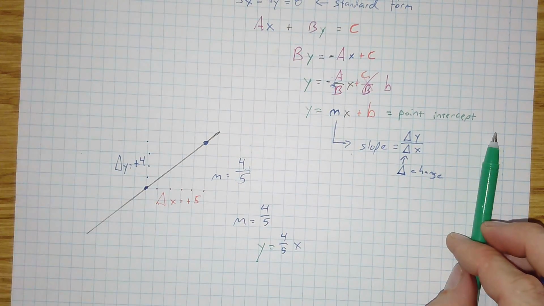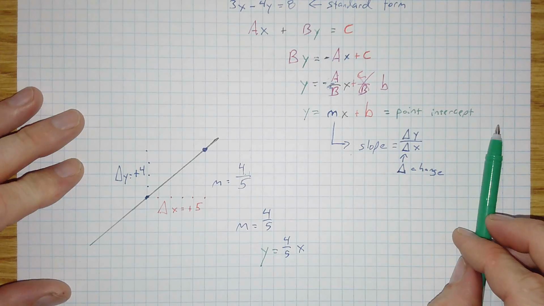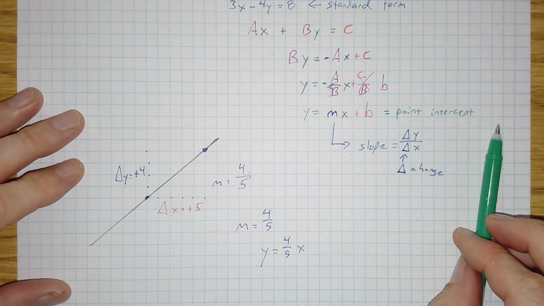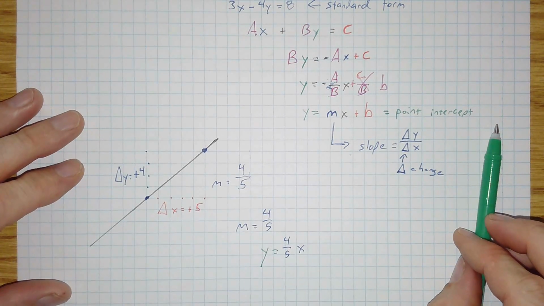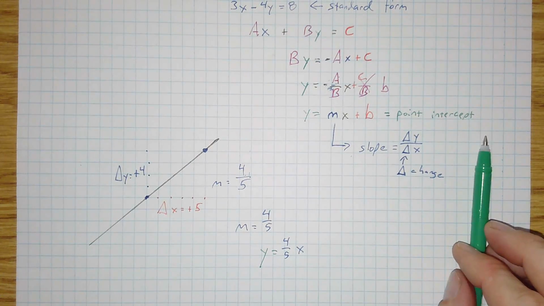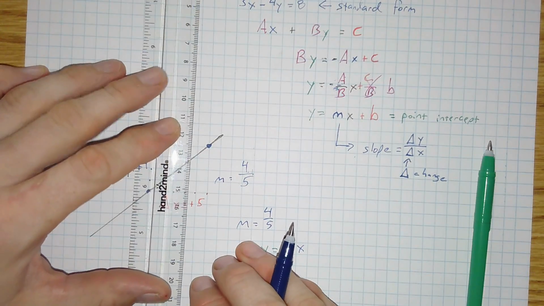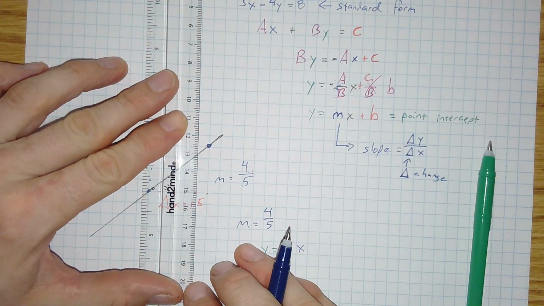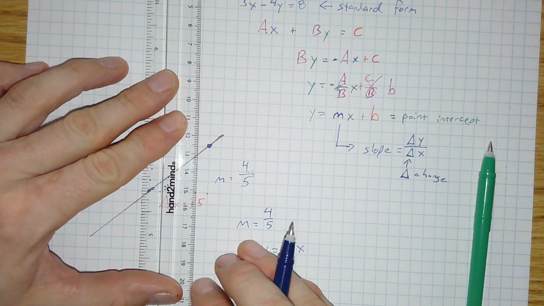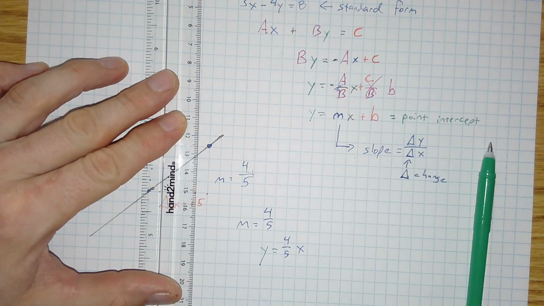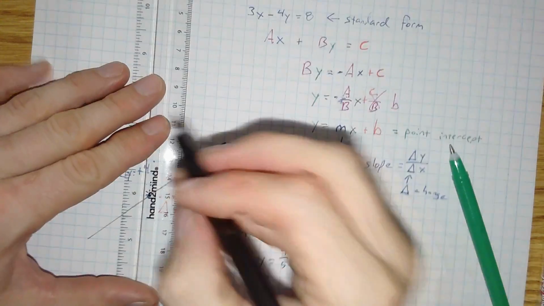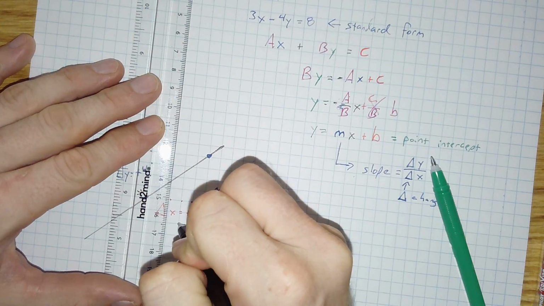It's just some line out in nowhere's land, right? So in order to figure out what b is, I need to have an origin. Let's say I have my origin, and let's put it right here.